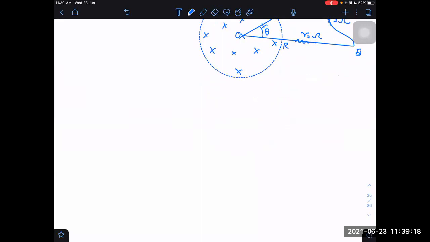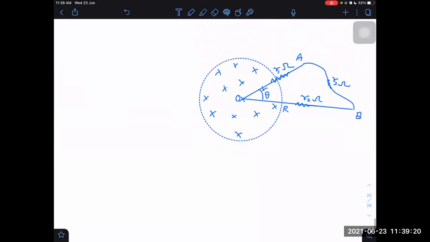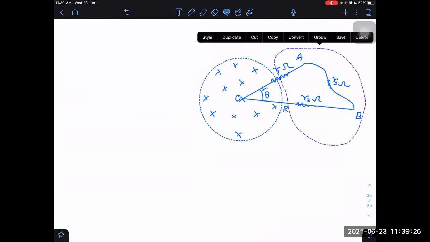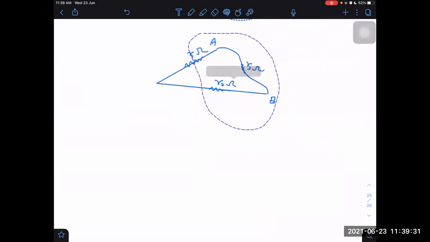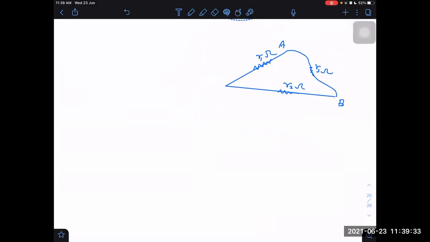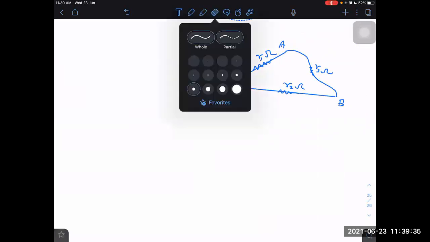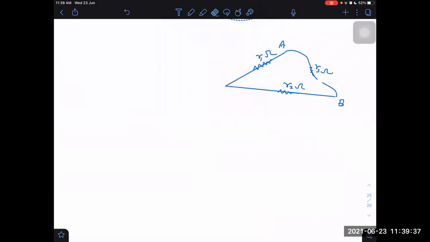What would be the equivalent diagram? This is the equivalent diagram, right or not?